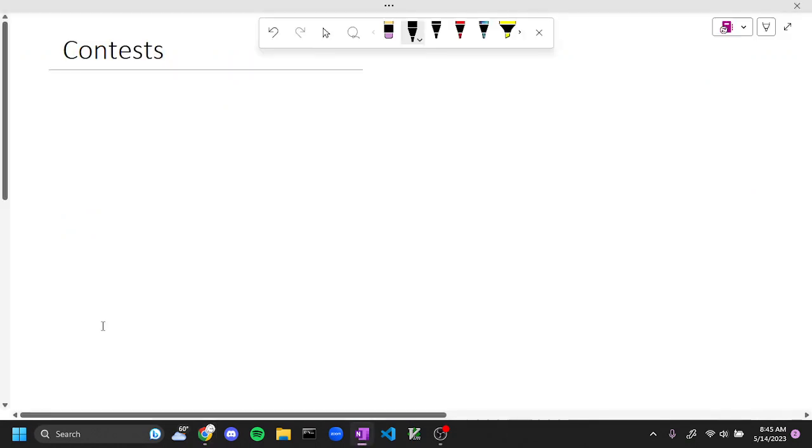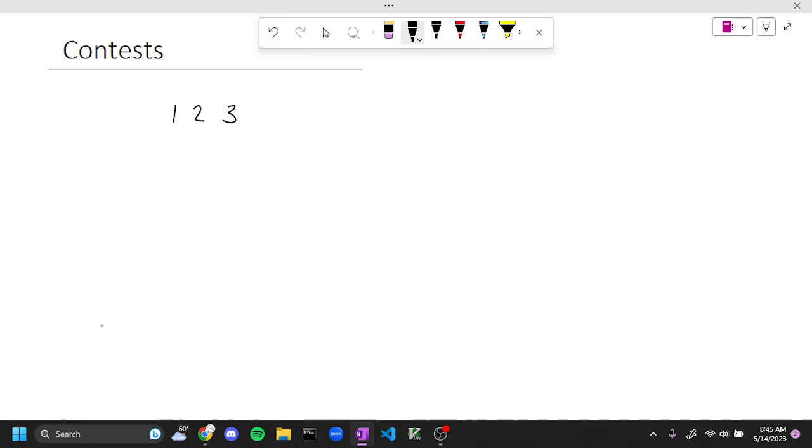Right off the bat, you can see that for the case of 1, 2, and 3, like the array 1, 2, 3 where n is equal to 3, the index for 1 is 1, the index for 2 is 2, the index for 3 is 3.